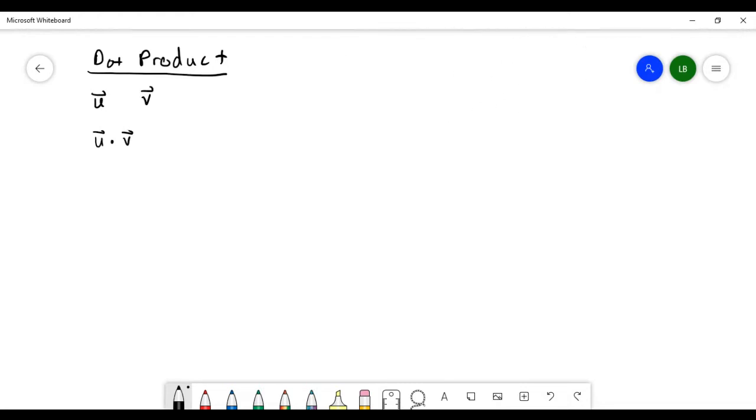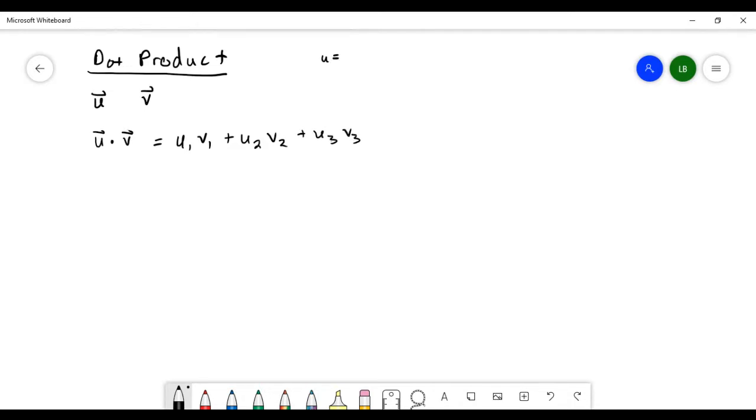Anyway, the dot product is essentially calculated by saying u1 v1 plus u2 v2 plus u3 v3.